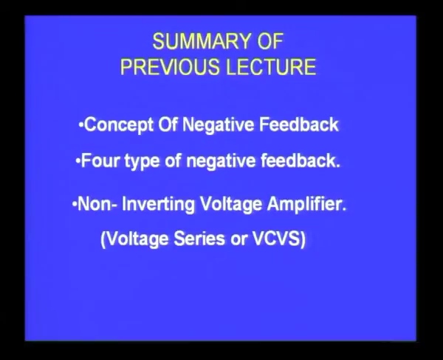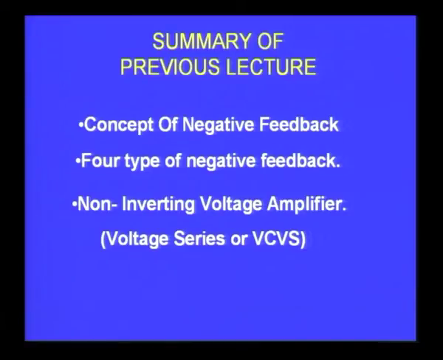We discussed all these 4 types of negative feedback, and then we took one typical example of one of the feedback circuits, which is a non-inverting voltage amplifier, where the output voltage is sensed and given as voltage in series with the input.